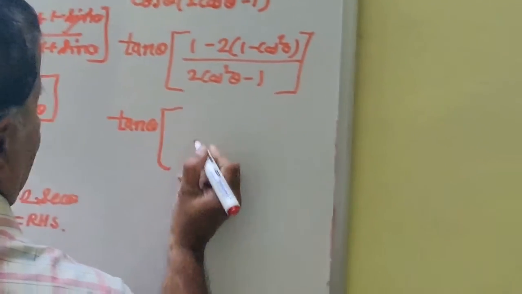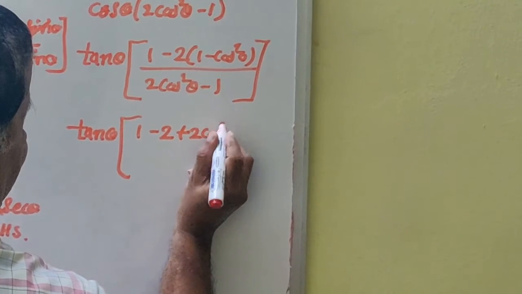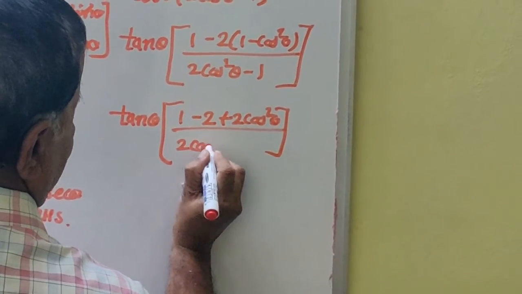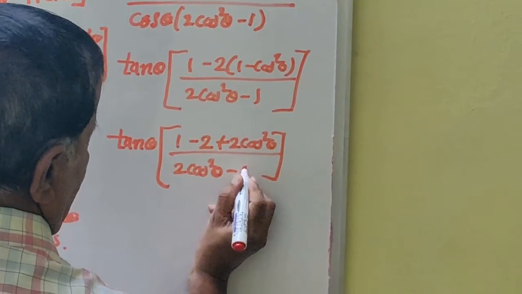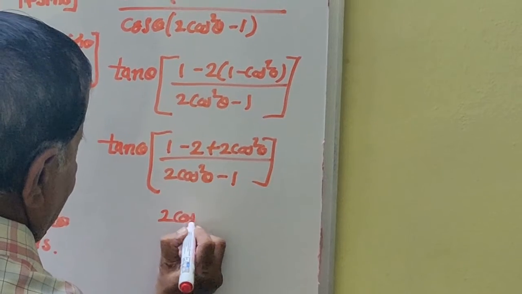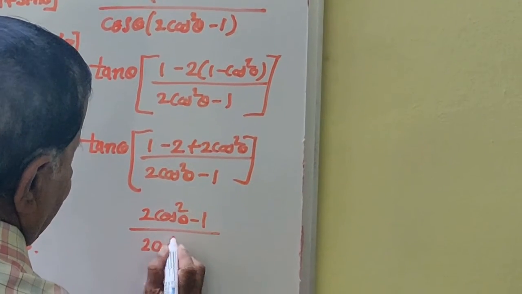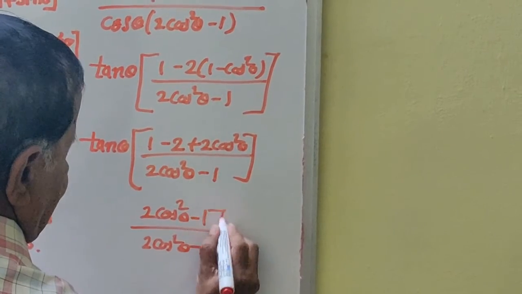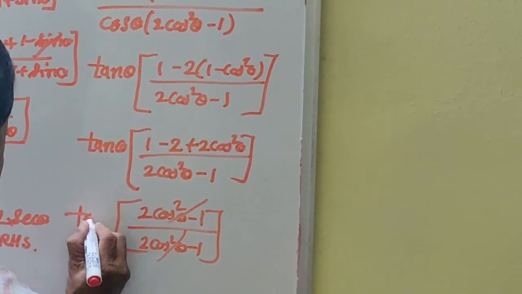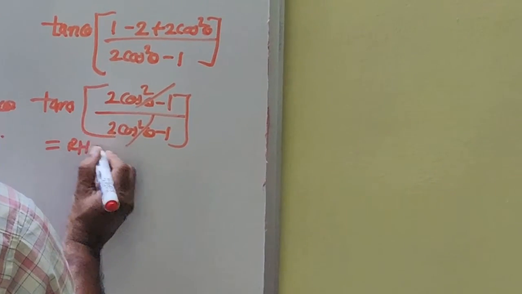Now what will come? 1 minus 2 plus 2 cos square theta upon 2 cos square theta minus 1. 1 minus 2 is minus 1, so this is 2 cos square theta minus 1 upon 2 cos square theta minus 1. Both are the same term, so they can cancel. What will remain here? Tan theta remains, that is your RHS.